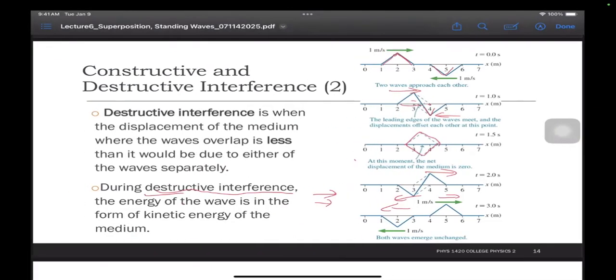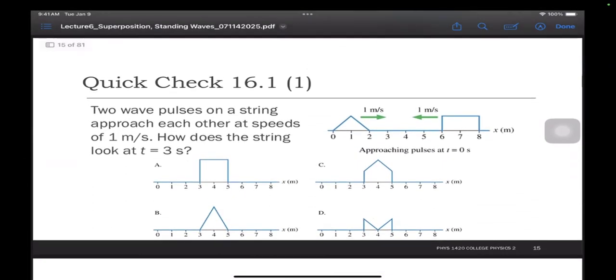Okay, let's continue. Let's review some quick check questions. The first one: two wave pulses on a string approach each other at speeds of 1 meter per second. How does the string look when t equals 3 seconds? Here, for the question, t equals 0.